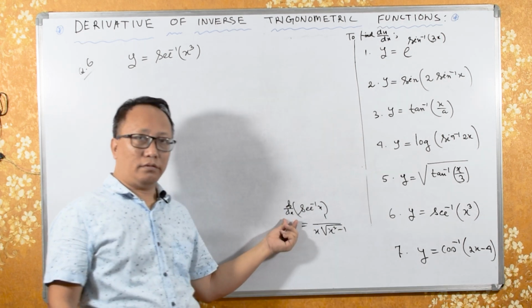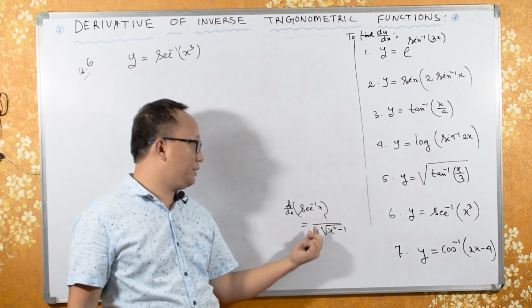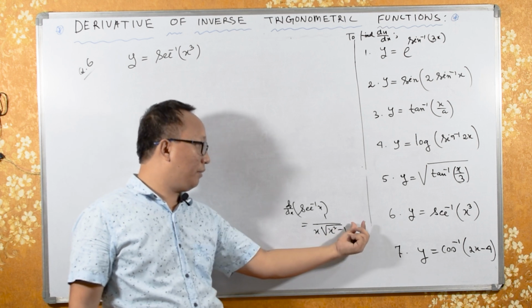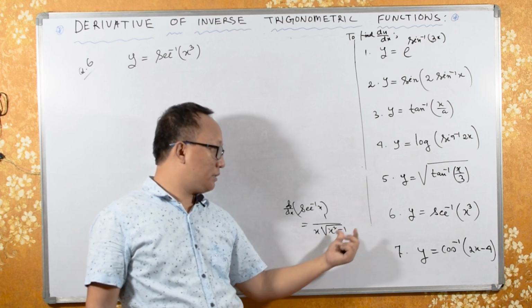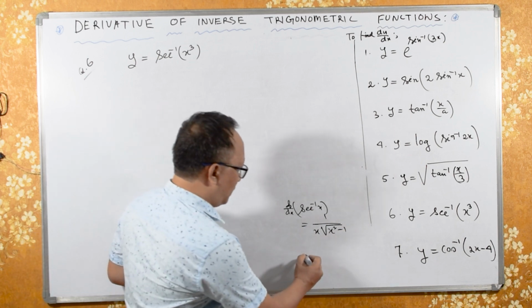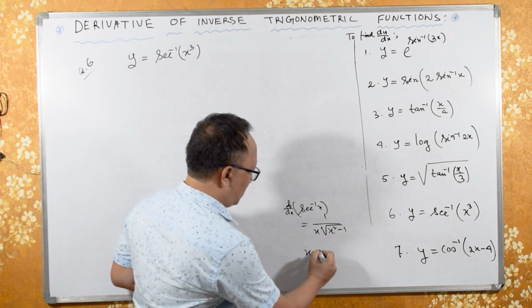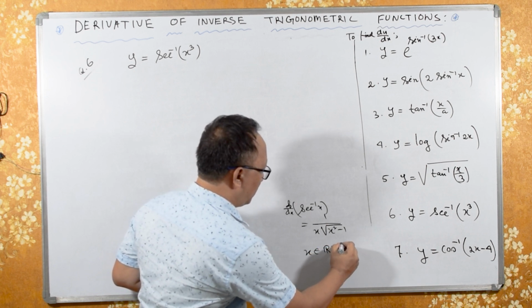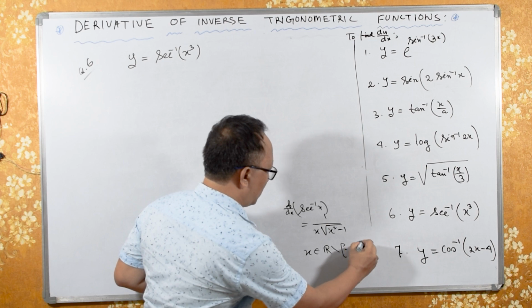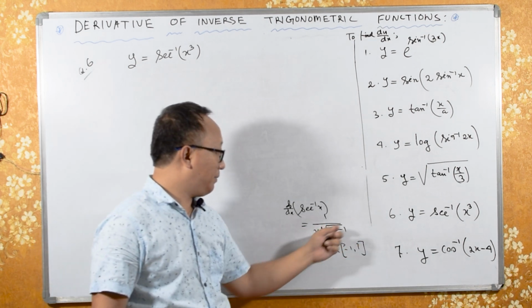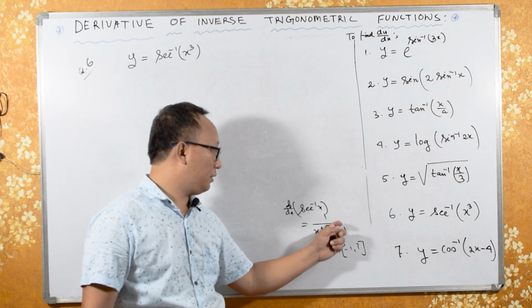Now d by dx of sec inverse x is, we know by formula, 1 upon mod of x or x according to the domain of x. Domain of x is what? Here domain of x belongs to real numbers excluding minus 1 and 1. Okay, but in details we will not go. Now this formula we have to apply, 1 upon x into square root of x square minus 1.